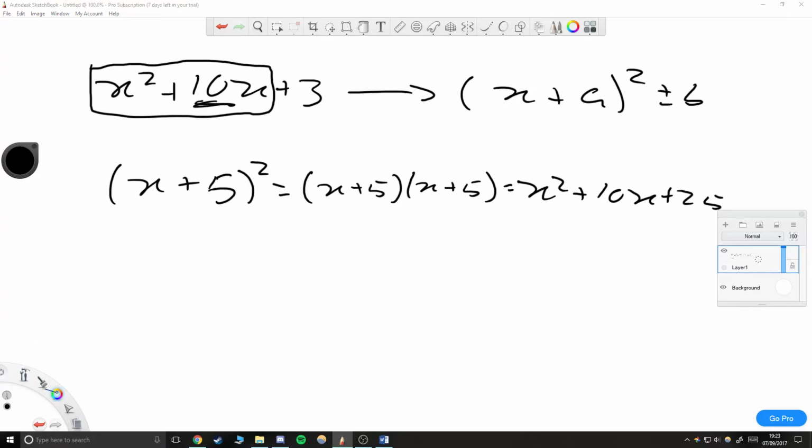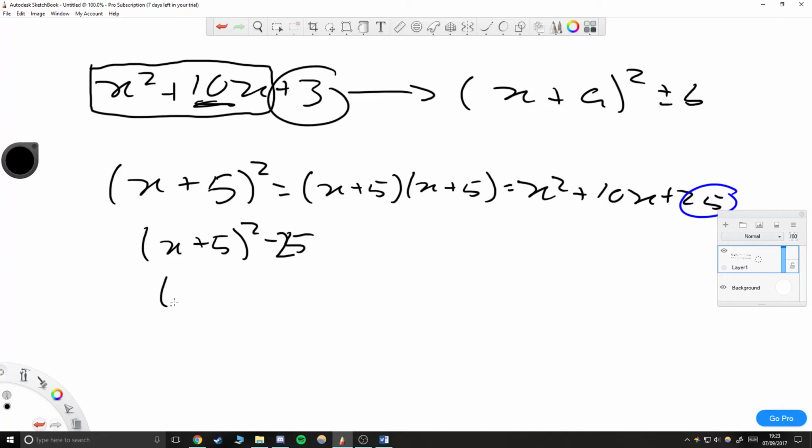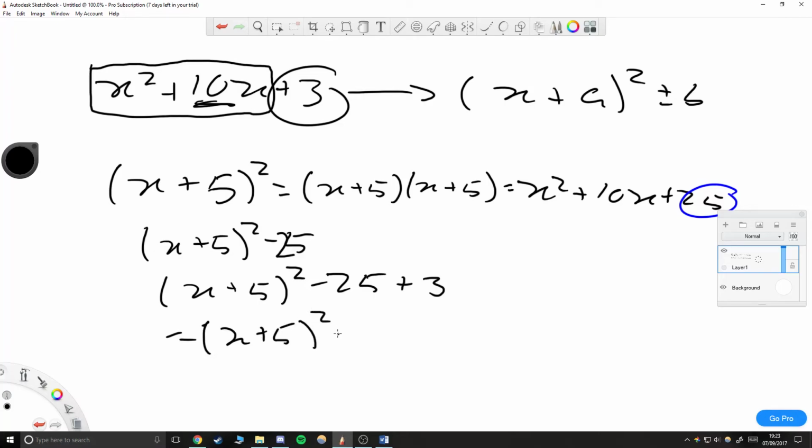In this case, we've ended up with this extra plus 25, which we need to subtract from the original bracket. Then again, we get this 3 and we add it on to the end, leaving us with x plus 5 all squared minus 22.